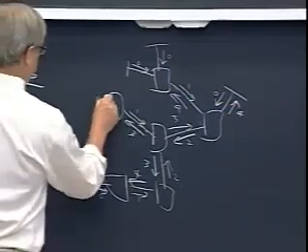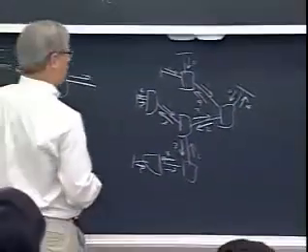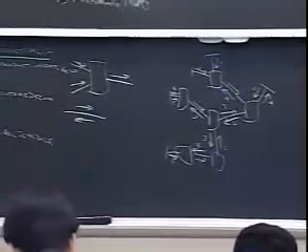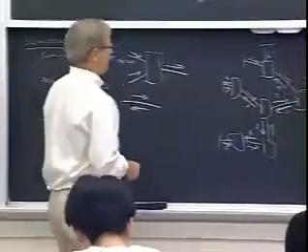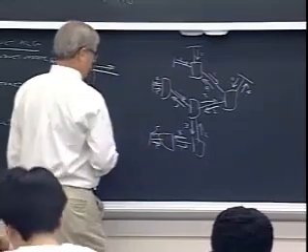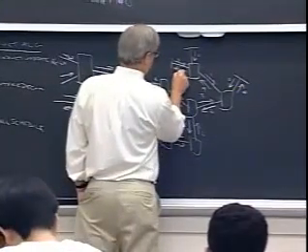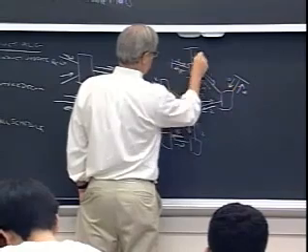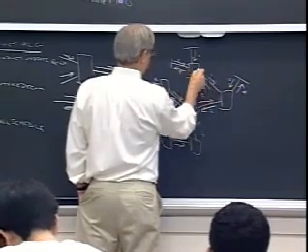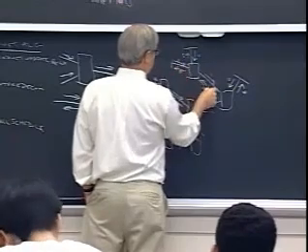So I had that at time 3. And now at time 5, I can get everything else that I need. At time 5, I get that out. I get this out based on this input and this input, and I get this out based on this input and this input.